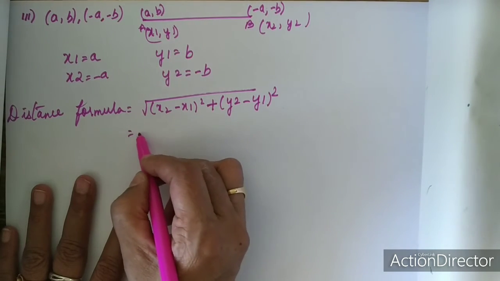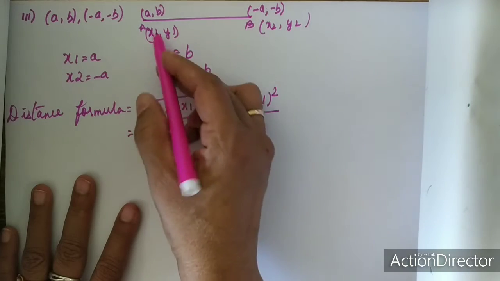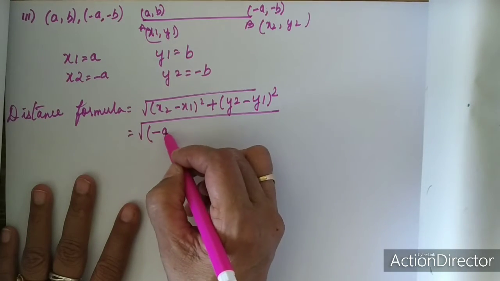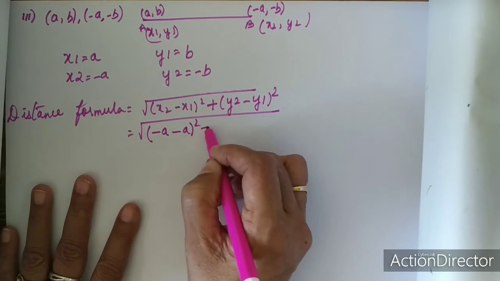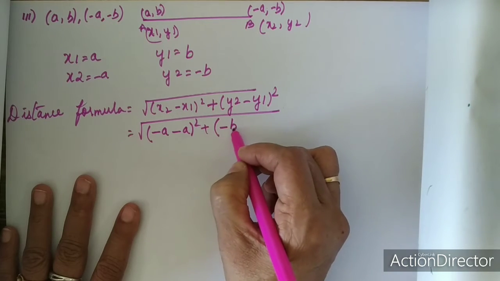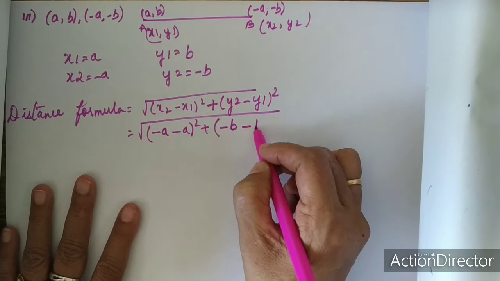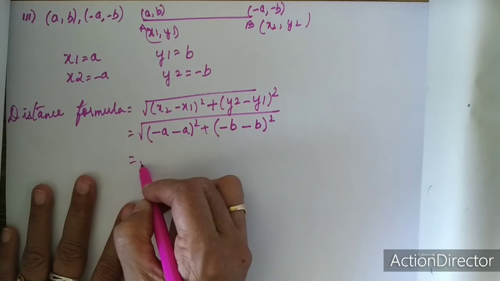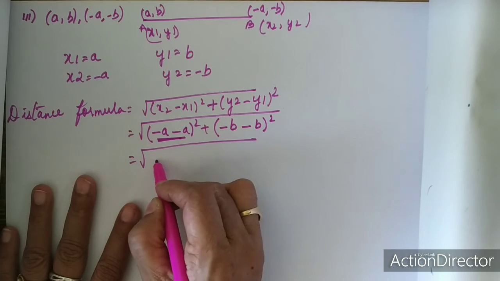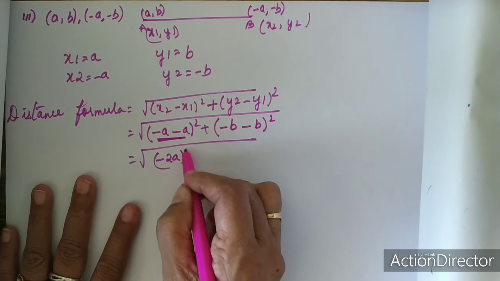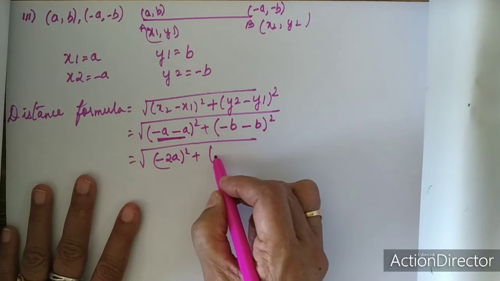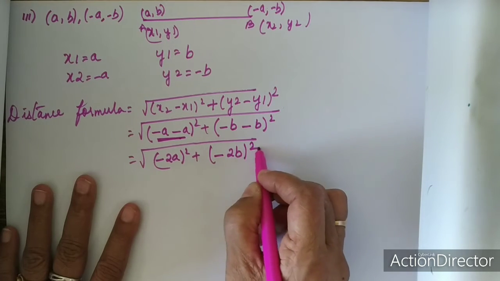Now put the values over here. What is x2? x2 is minus a, x1 is a, whole square, plus y2 is minus b and y1 is b, whole square. So minus a minus a will give me minus 2a whole square plus minus b minus b will give me minus 2b whole square.